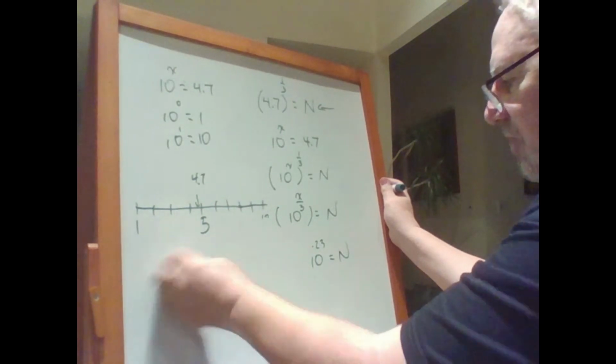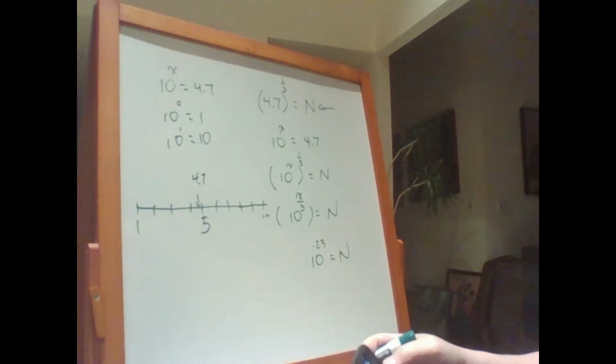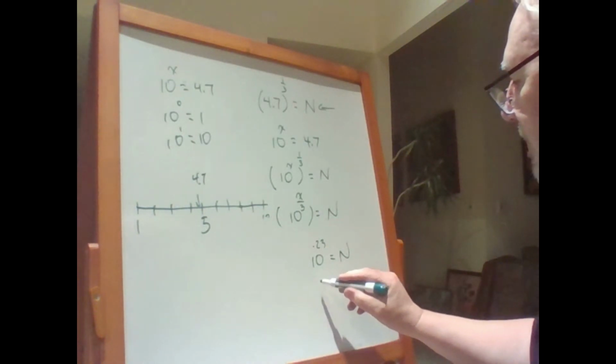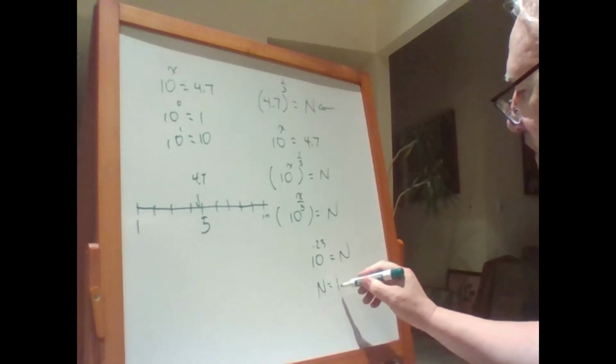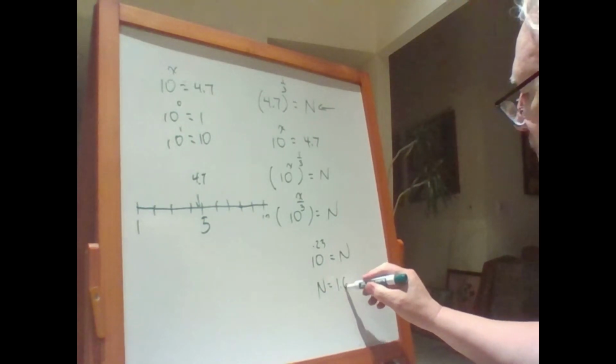So let's see what that gives us. 10 raised to the 0.23 equals n, which equals 1.69.